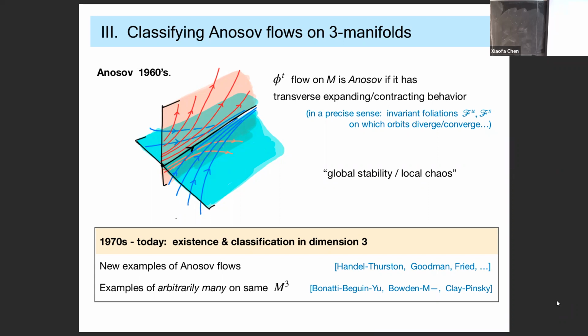For this little piece of the story, I'm going to talk about a different version of dynamics, which is not actions of discrete groups, but flows. This story starts, or the way I'll tell it, starts in the 1960s with work of Anosov, who was studying the dynamics of geodesic flow in negative curvature.